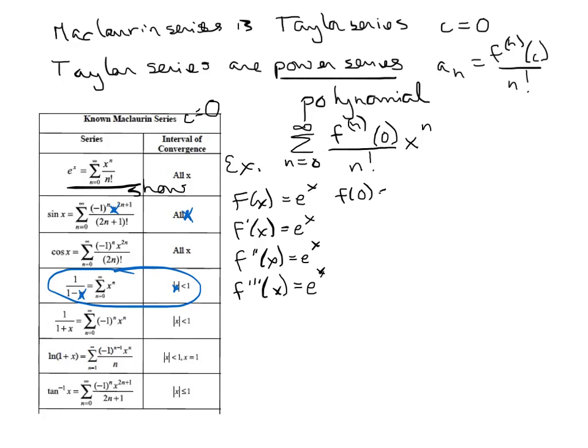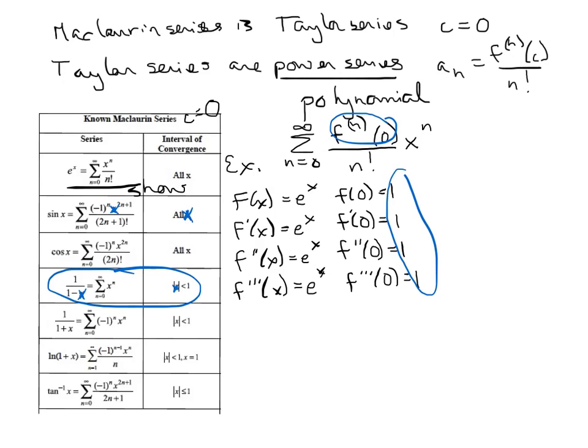If we plug in 0 into e to the x, we get 1. If we plug in 0 into the first derivative, into e to the x, we get 1. If we plug in 0 into that second derivative, we get 1. You can see the pattern here, of course. So each one of the nth derivatives evaluated at 0 is just 1 in this case.